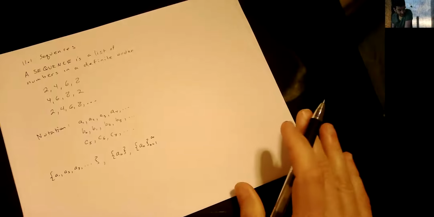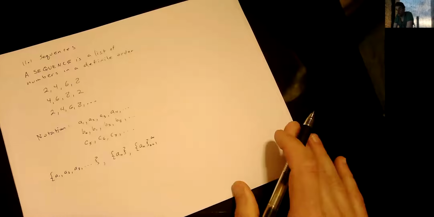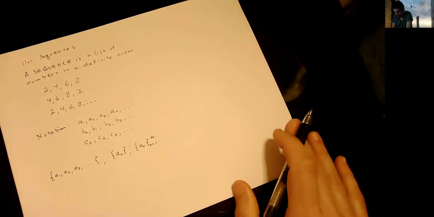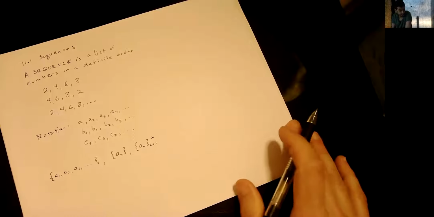I'm going to make a little side note here, something that we won't have to deal with. We will think of sequences as a list of numbers in a definite order. There's nothing wrong with that definition.